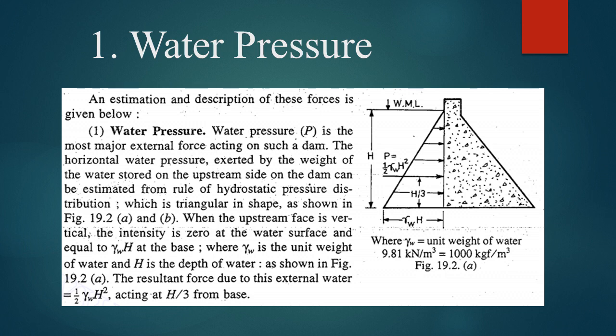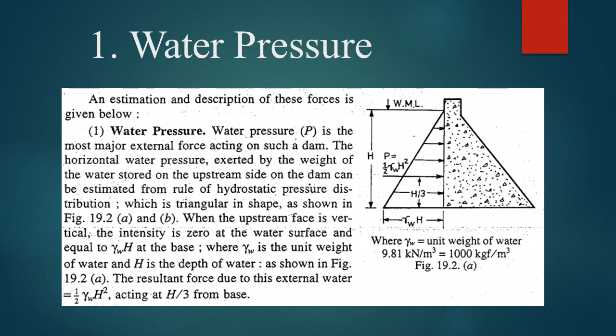Half into base, which is gamma w H, into H as the height, gives half gamma w H square, which acts at the centroid or CG of this triangle, at H by 3 distance from the bottom plane. In this way we calculate our water pressure.